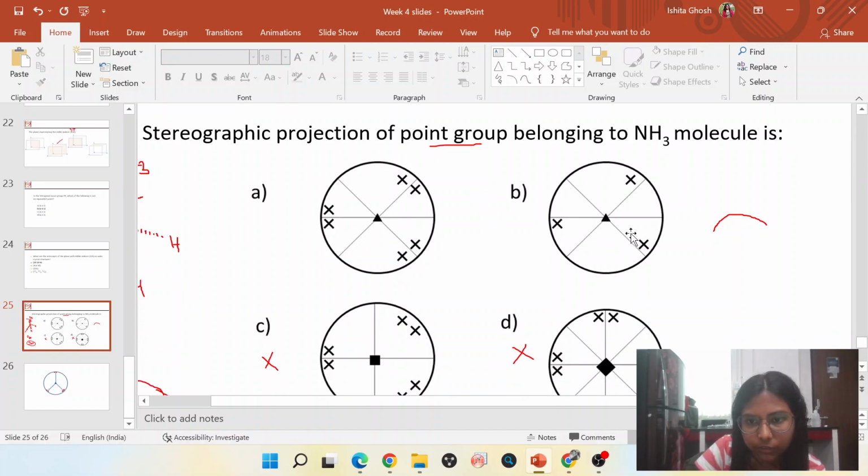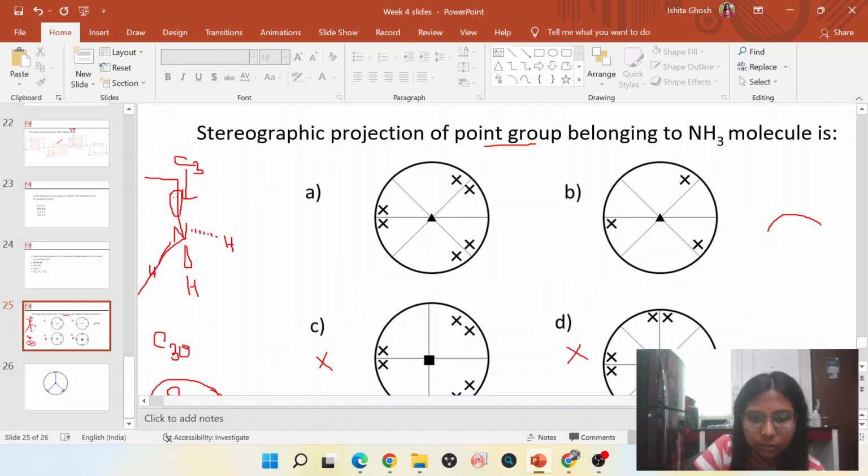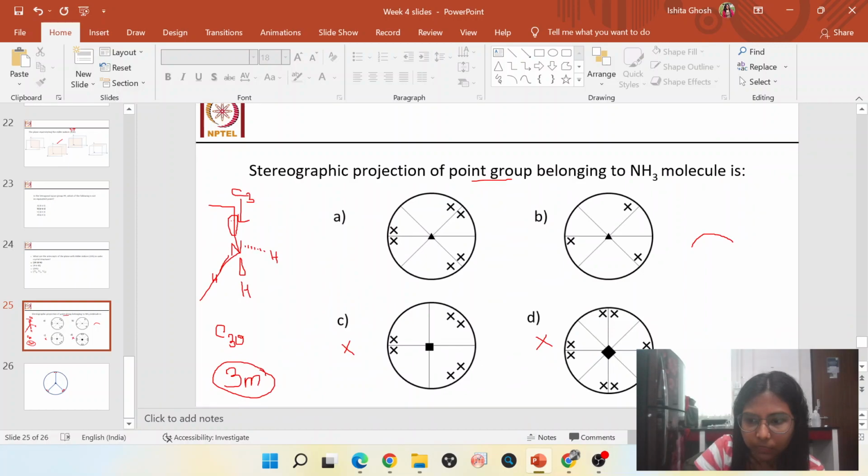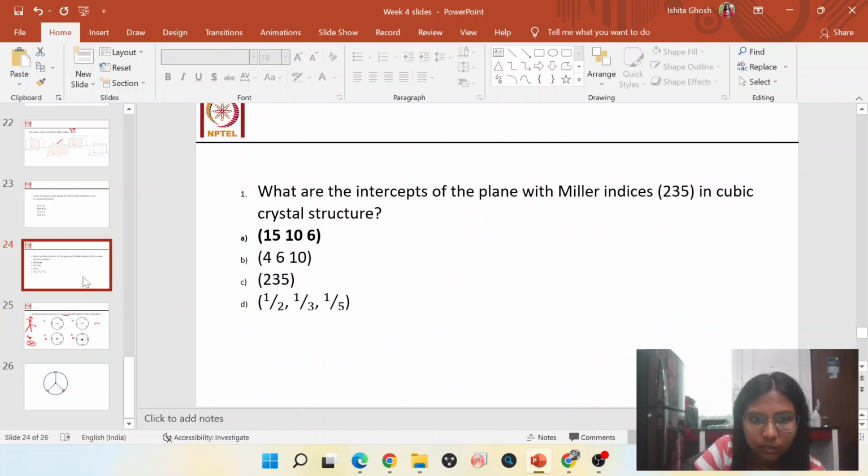Because here we only have the 3, but for the ammonia molecule the point group is 3m, so this is the correct one. Okay, so we finished this.